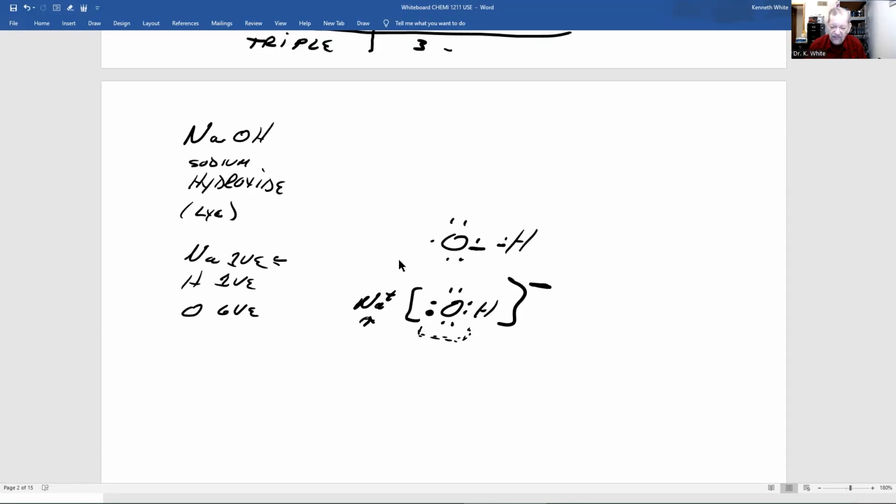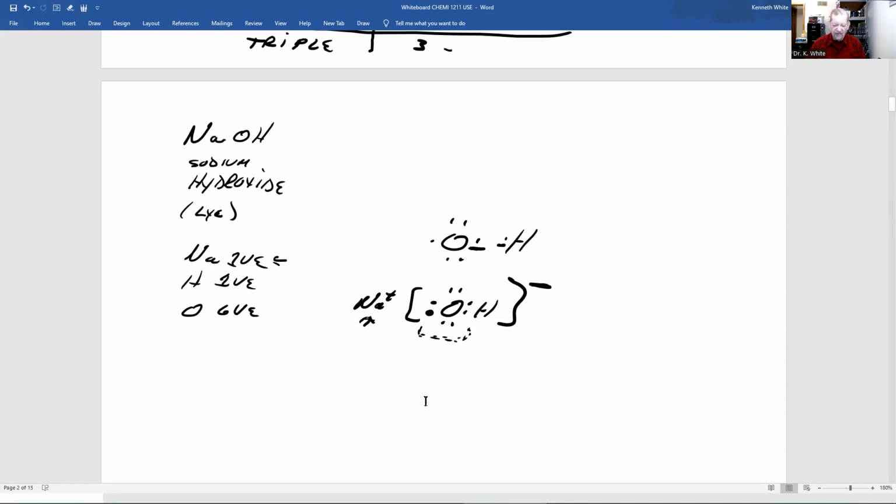And the hydroxide anion, OH minus, is in an ionic bond with the sodium cation, Na plus. The oxygen and hydrogen have a covalent single bond, 1 pair of electrons.